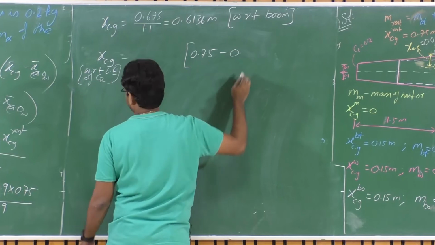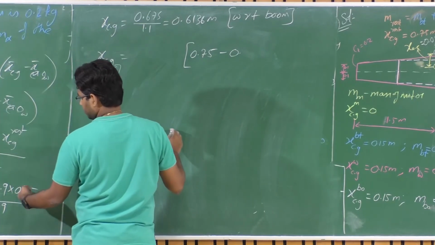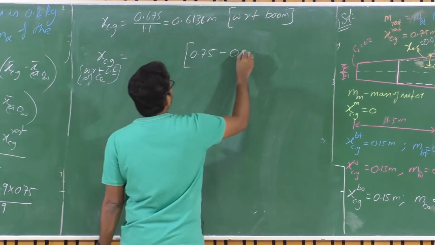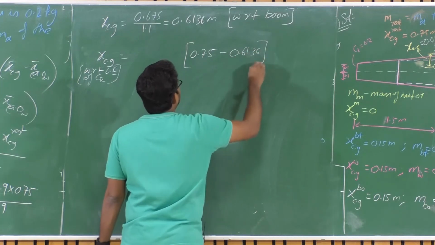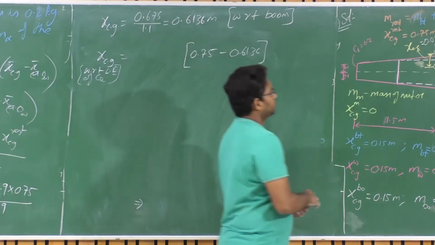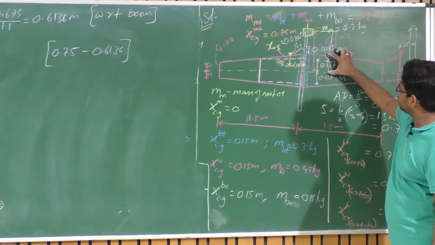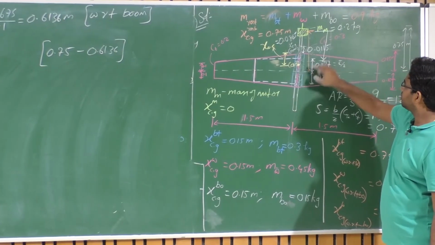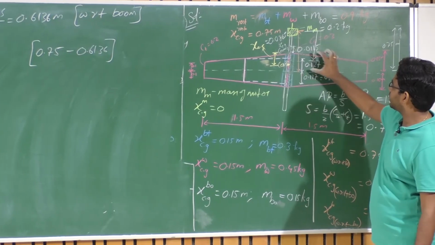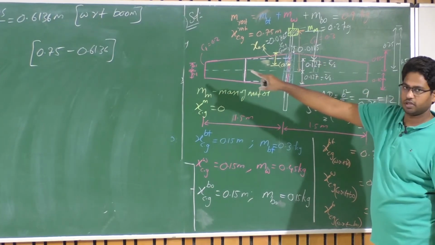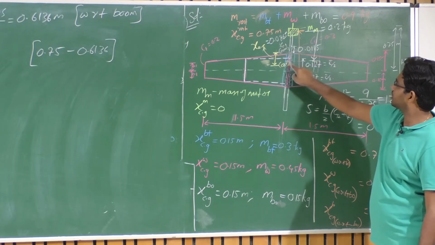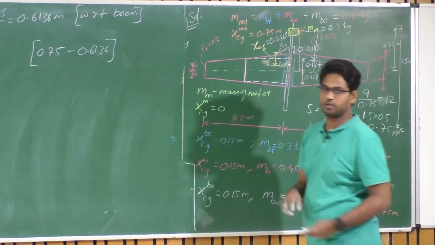So first I am trying to subtract these two, the CG location with respect to the boom, which is 0.6136, right? This will help me figure out this distance. Now from CR by 2, from the midpoint, I am subtracting this difference, right? That will help me find the location of this point with respect to the leading edge of the root chord here.